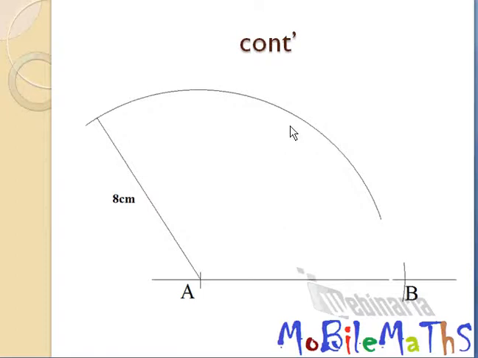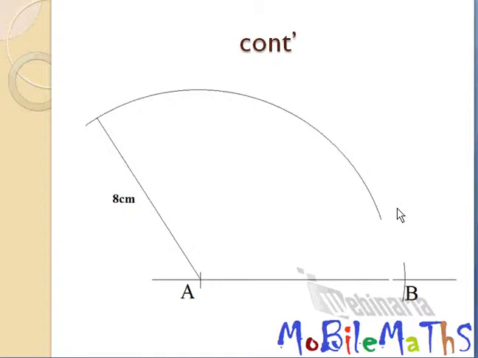I have my arc 8 centimeters from A. So this whole arc here, I'm indicating this 8 centimeters, and this line is just indicating that this arc is 8 centimeters from point A. Otherwise, don't draw this. So my point C is going to lie anywhere along this line.